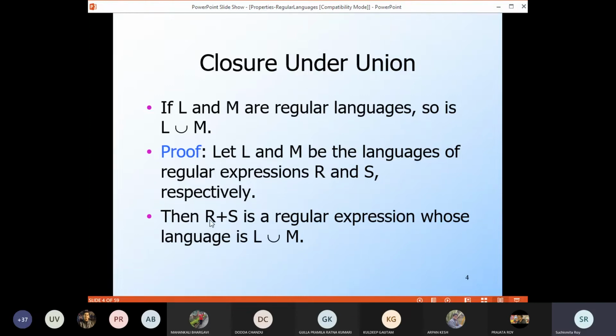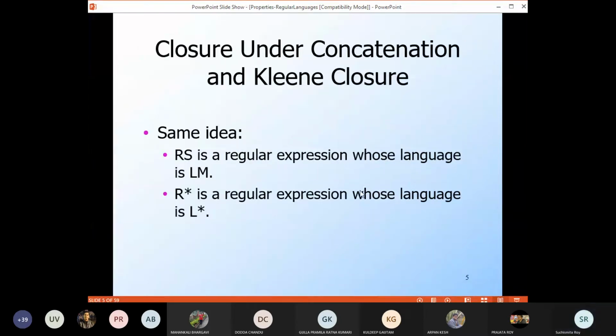When you say R is a regular set expressed by a regular expression capital R, and same for S, then if you add this operation plus or in between the two, what you get back is another regular expression, and regular expressions, you know, they represent regular sets. So this is obvious. Union of two regular sets will also give you another regular set, which you can represent by this regular expression R plus S.